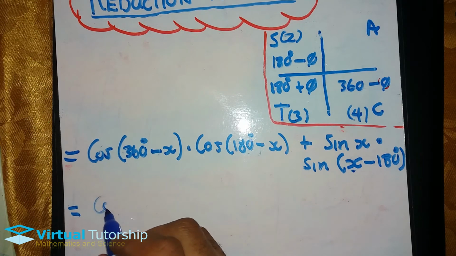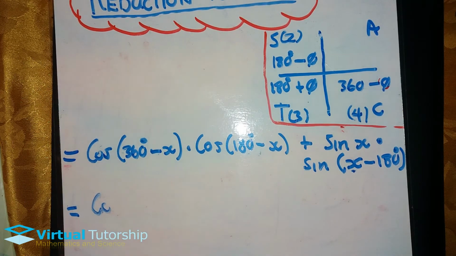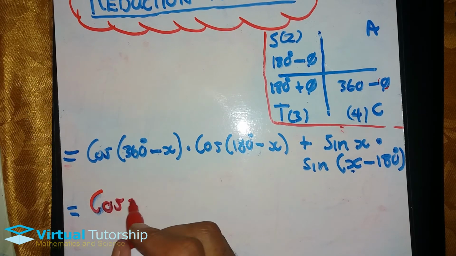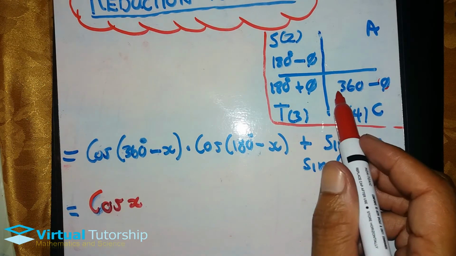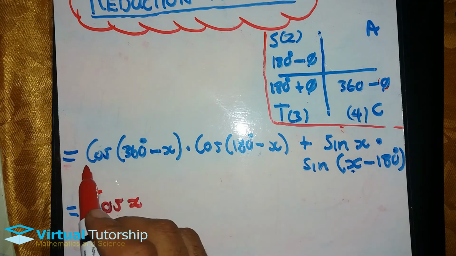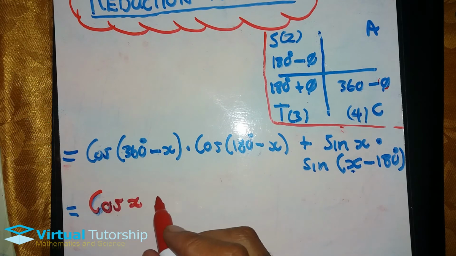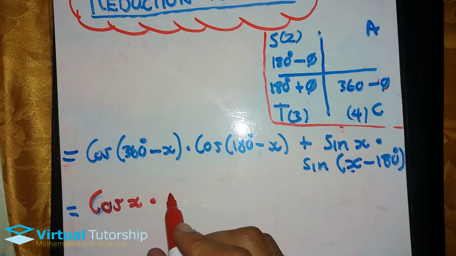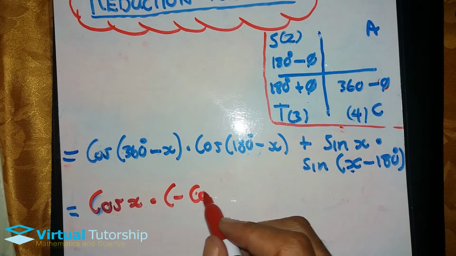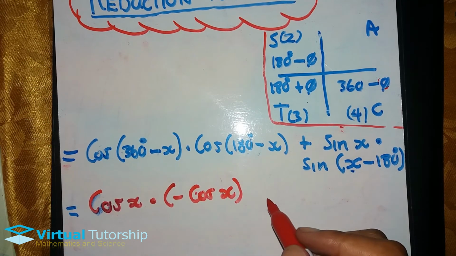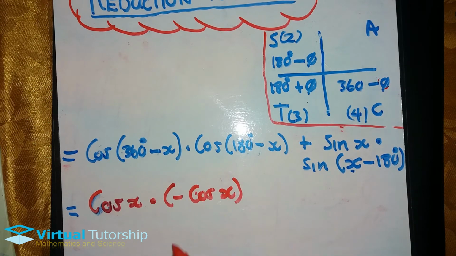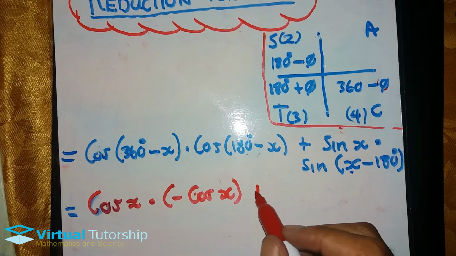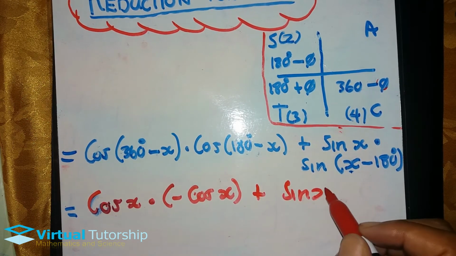So it's gonna be positive cos theta ngoku 360 degrees ku-fourth quadrant, and ku-fourth quadrant cos positive, times a negative cos x, sorry, and then a plus sine x.